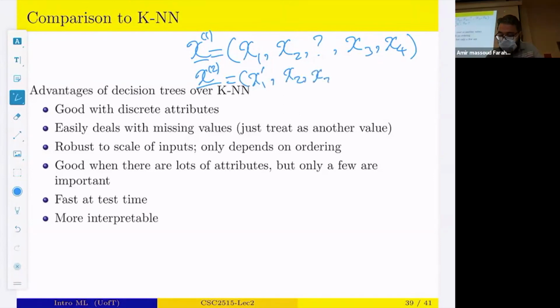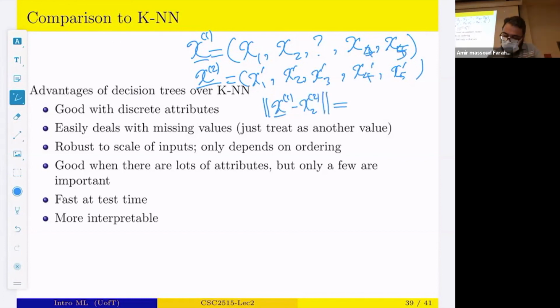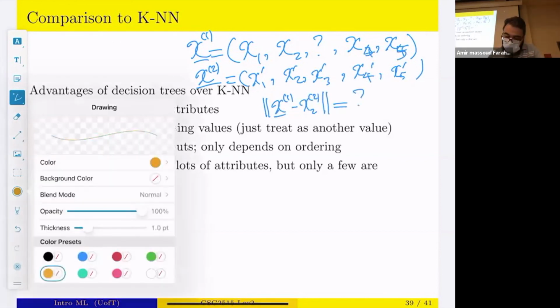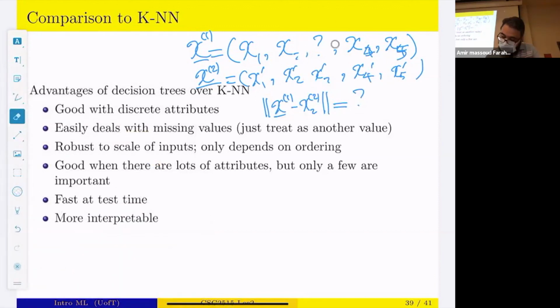You know the value of this one, I guess this would be 4 and 5. The distance between these two things would be a bit problematic because of this term. How do you measure the distance between x3 prime and an unknown value?